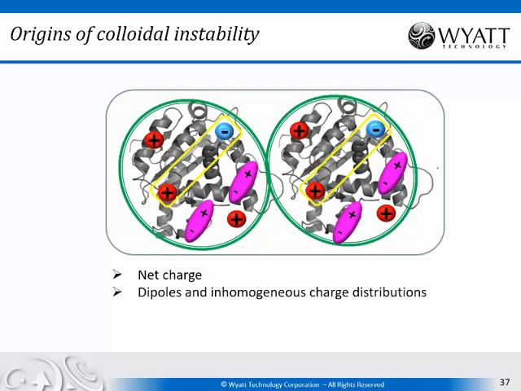On the other hand, there are attractive interactions that arise as a result of charge. For one, the inhomogeneous charge distributions. So the red plus charges tend to be concentrated on one side of the molecule, here, and the blue negative charges are concentrated on the opposite side of the molecule. And now the molecules in solution will reorient in order to obtain the minimum free energy, which means that the pluses from one molecule like to be opposite the minuses from the other molecule, and when that happens, they attract each other.